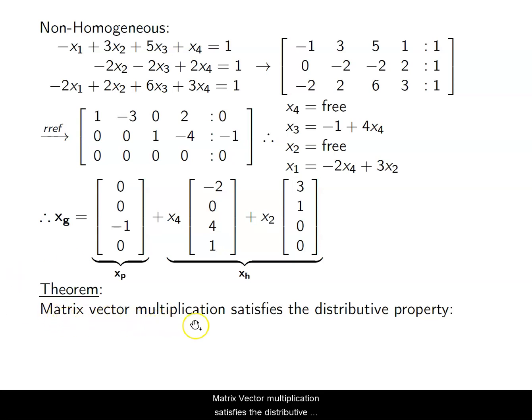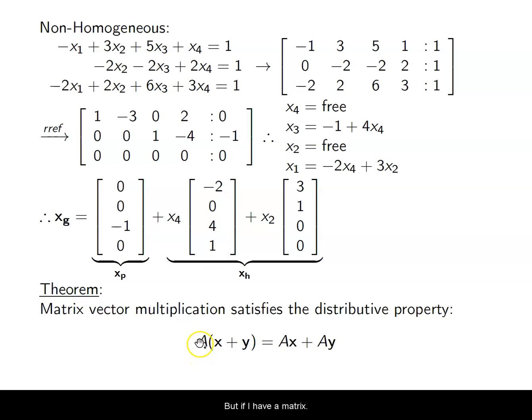So matrix vector multiplication satisfies the distributive property. We're not going to get into multiplying matrices yet. That is going to be for the next section, 3.1. So this is sort of a preemptive thing here to show the properties that it satisfies.